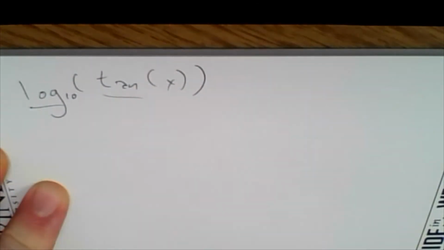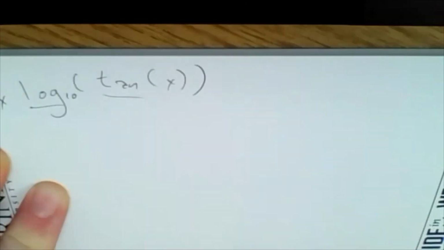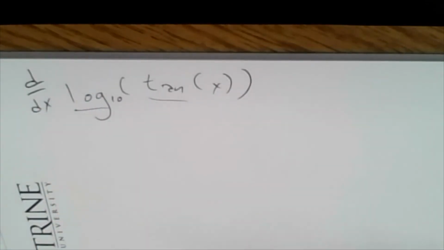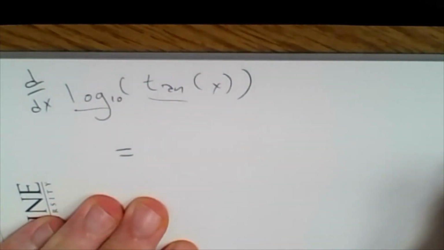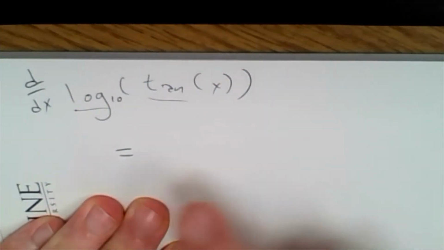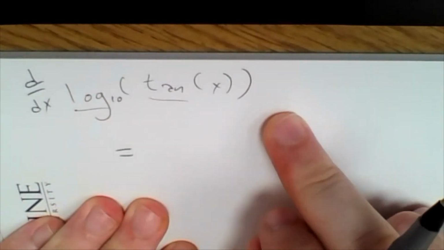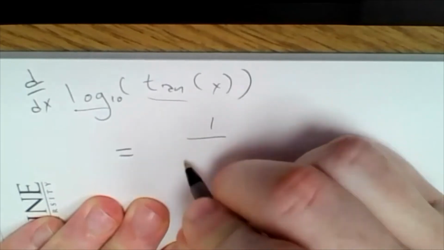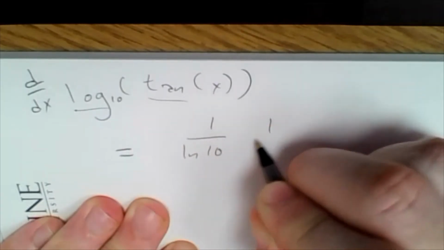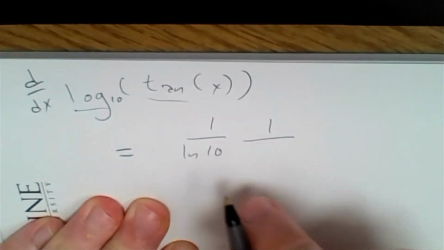When I go to take a derivative, there is my derivative symbol. This is going to be equal to the following. Step 1, take the derivative of the outside function. I know that this derivative is 1 divided by log 10, 1 divided by x.